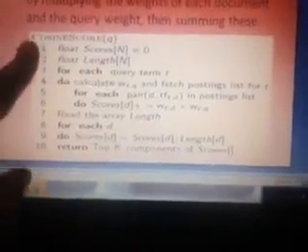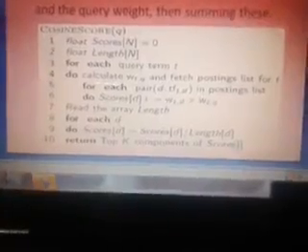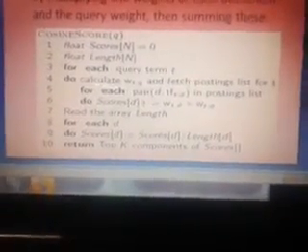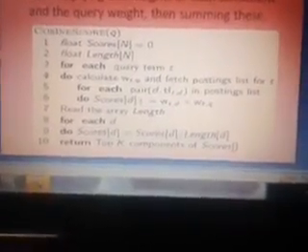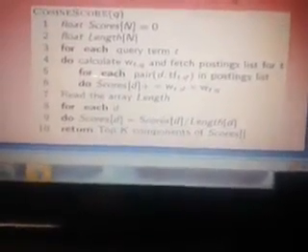For that I have used the standard algorithm for the score calculation, in which we ask the user to enter the query. Then for each query term we calculate the weight corresponding to that query and that document.